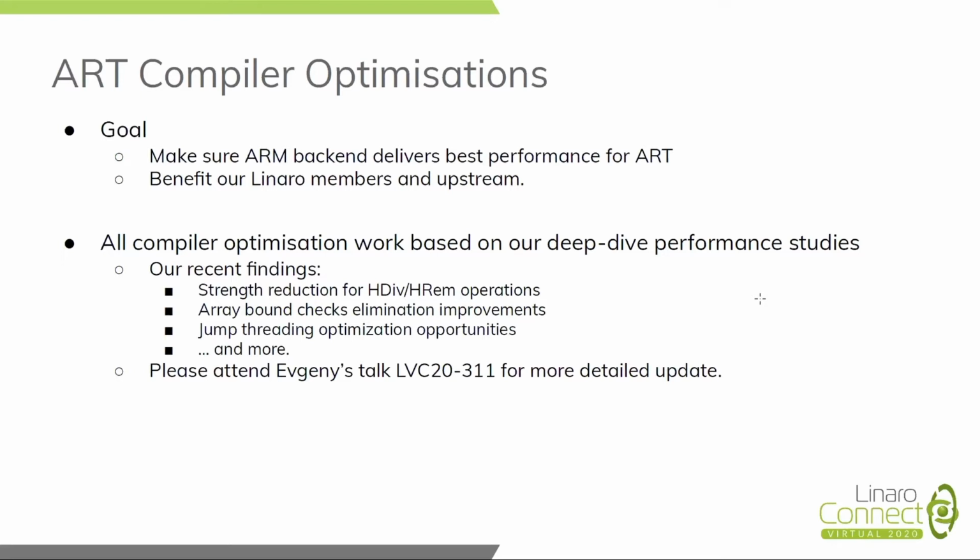We found some strength reduction opportunities for division operations, some improvement in array bounds check elimination, and jump threading optimization opportunities. If you're interested in our performance analysis and the benchmarks analysis, my colleague Evgeny will give a talk later today on the details of this work. So if you're interested, please join his talk.